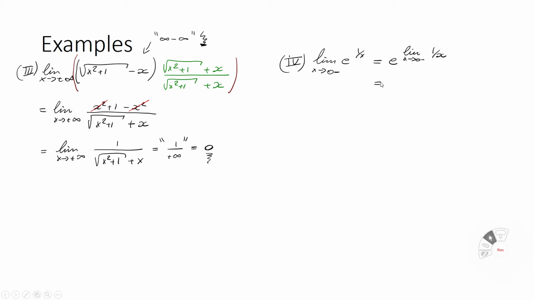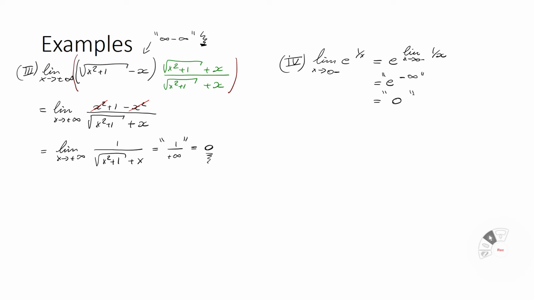Again, let's do this handy wavy. So x going to 0 from the negative side of 1 over x, that basically gives us minus infinity. So 1 over a very small number, that gives us a very big number, and it's a very big negative number, so we write minus infinity, and e to the minus infinity, that then becomes 0.